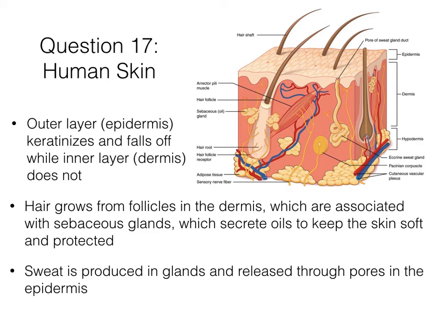When new cells are made, they're not dead, okay? But as they get pushed towards the surface, because the oldest cells are always falling off, you're shedding skin cells everywhere you go all day long. As they approach the surface, they fill up more and more with this keratin, which is also the protein that makes up your hair and your finger and toenails.